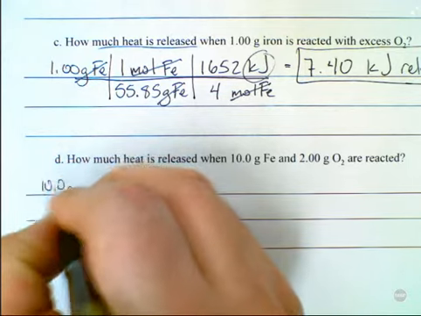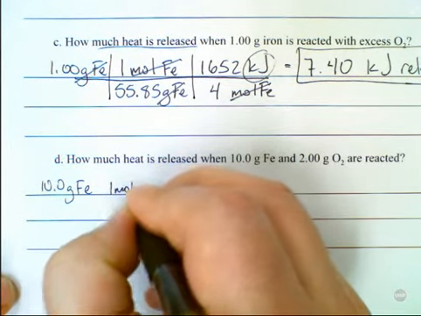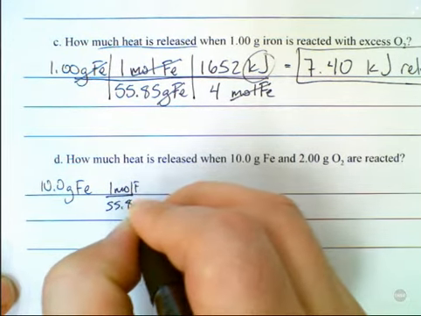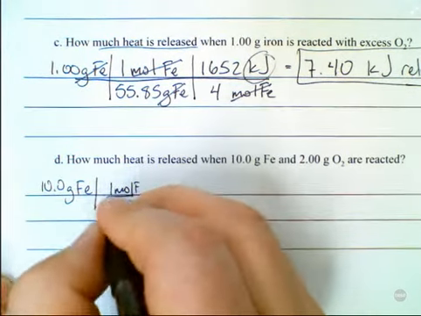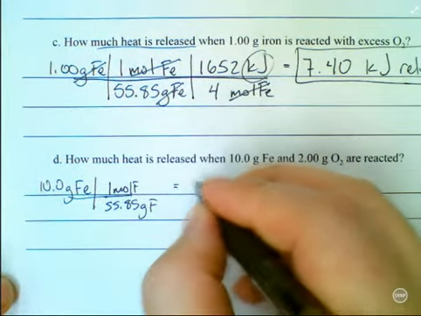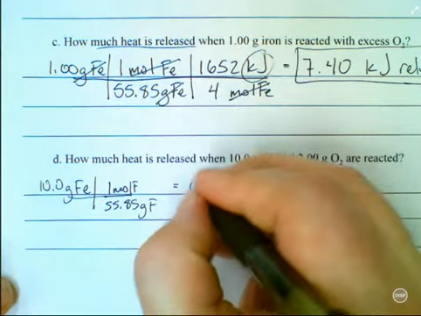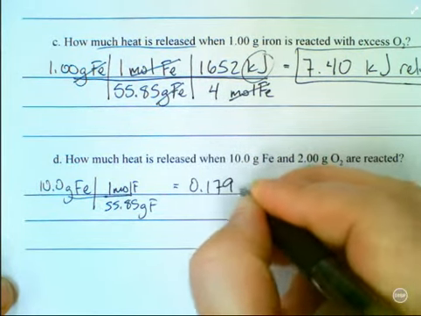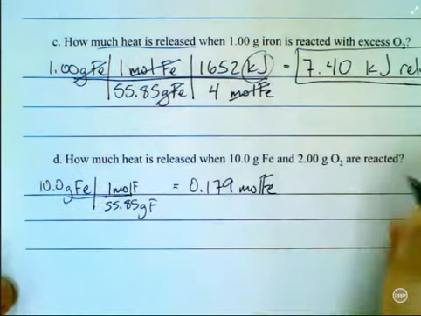Convert 10 grams of iron into moles of iron. That'll give me, calculator, 0.179 moles of iron.